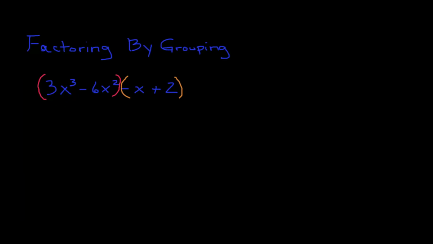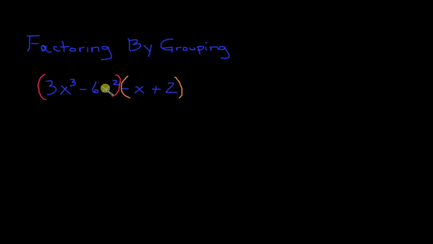So I'm going to go back to blue. You look at this and say, what do they have in common? Well, they both have x's. The one on the left, the 3x cubed, has 3 x's, and the right has 2 x's. So we can only pull out what they have in common.